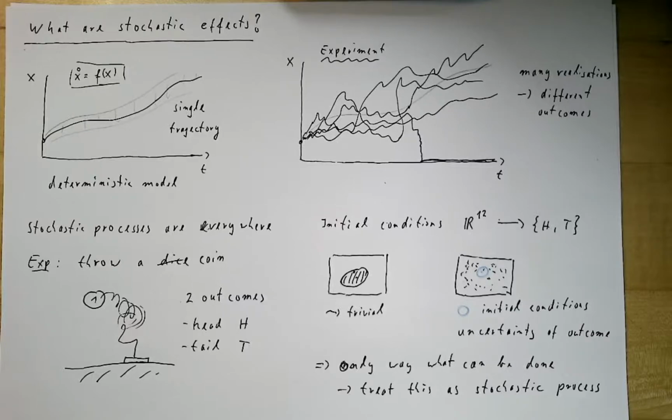So what's behind the fact that we have to describe a certain process as stochastic? It's that we really believe that we are not able to predict the outcome of an experiment or the future of our state variable. Even though maybe in principle it would be determined, we have no ability to do this.